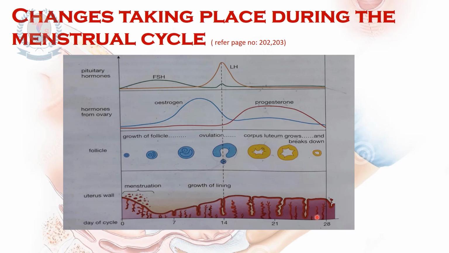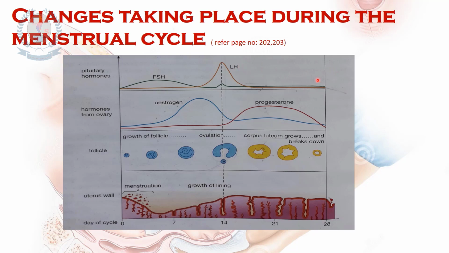That means this wall is going to accept the embryo and get it developed. So this progesterone also inhibits the production of FSH and LH hormones. That is another function of progesterone. While it develops the wall of the uterus, it decreases the LH and FSH level.